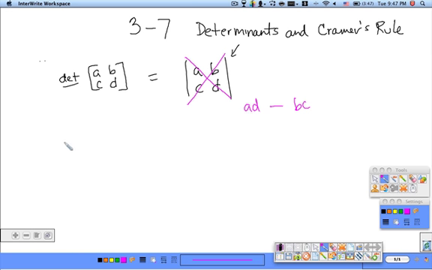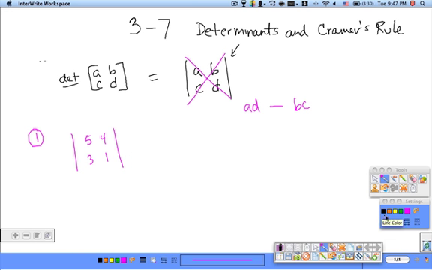Alright, so if I give you this problem, number 1, if I write this, 5, 4, 3, and 1, and I write this, I don't even have to write any directions. Knowing these two straight lines looking like absolute value but not, that means find the determinant of whatever's inside, this matrix inside.